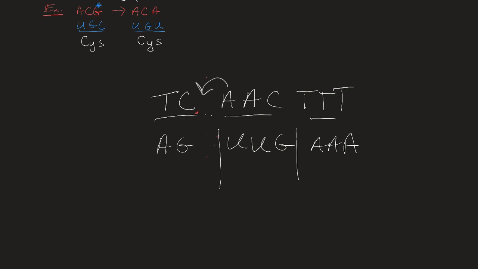So this RNA becomes AGU, and AGU is serine. And then we have ACT. So now remember everything got shifted, right? So now this became this part of this one.